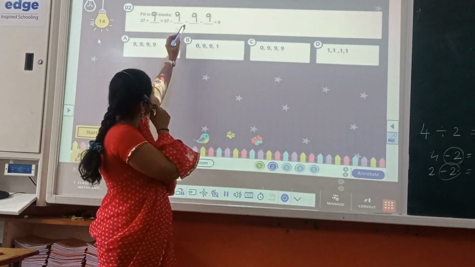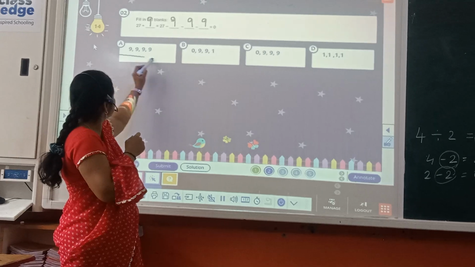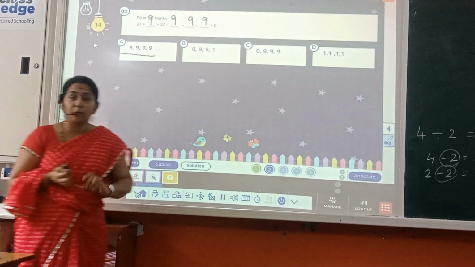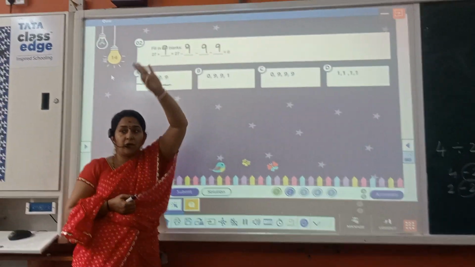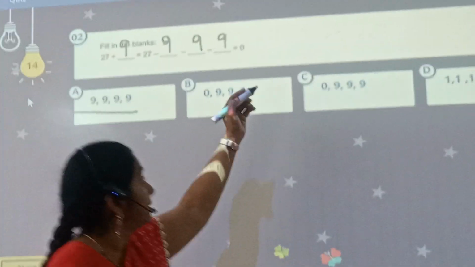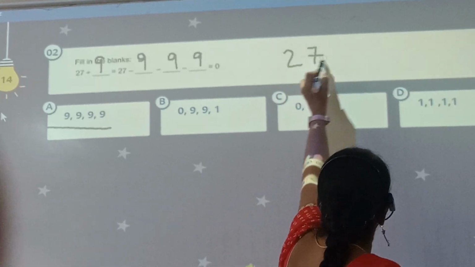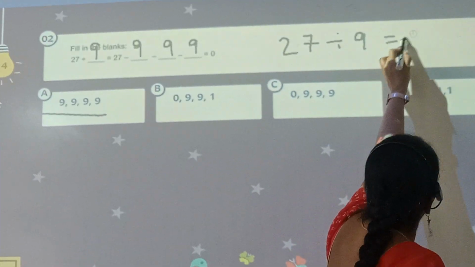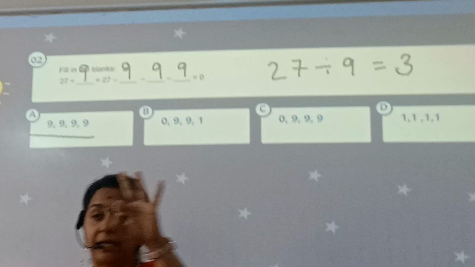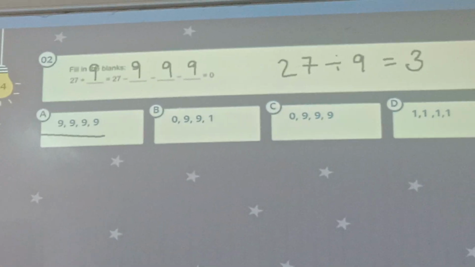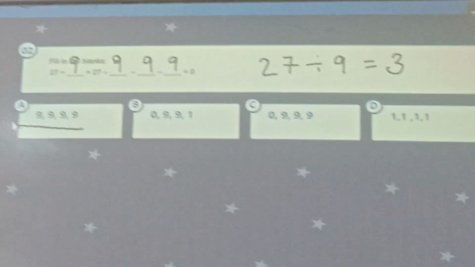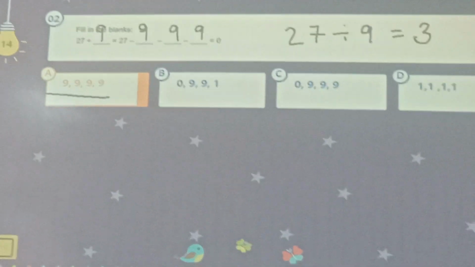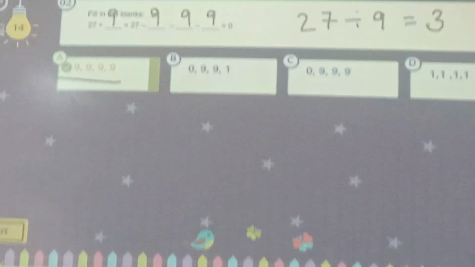How many times is it subtracted? So 27 divided by 9 is how much actually? How many times is it subtracted? So what is the answer? 27 divided by 9 is equal to 3, because 9 is subtracted 3 times. So let's see the option. This is the correct option, okay?